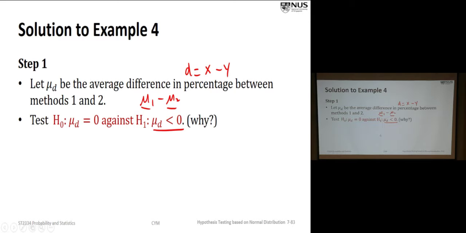So it doesn't matter how you label which one is the first and which is second, or whether you consider mu1 minus mu2 or mu2 minus mu1. But your alternative must address the question that you asked. Here we are saying that mu2 is bigger than mu1.